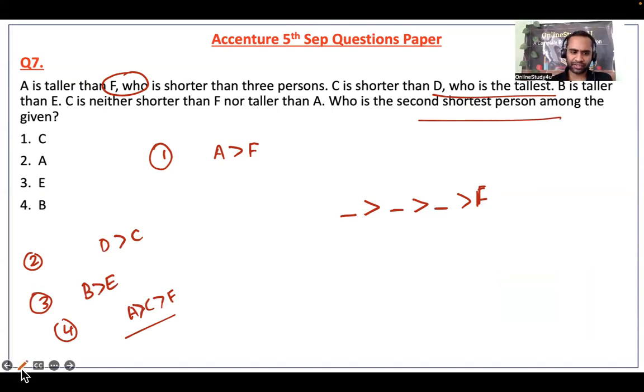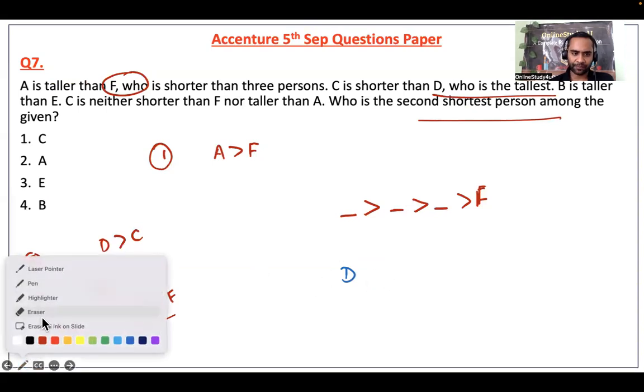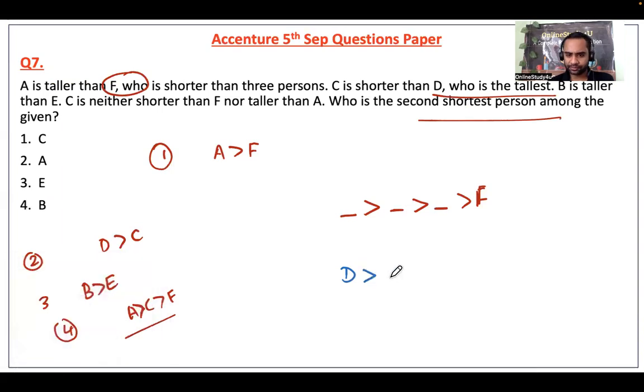Okay, now we will try to arrange this. The final arrangement we will do. D is the tallest, which has already been mentioned. I'm combining all. Because F has to be here, right? They have clearly told F is shorter than C, that means 1, 2, 3. And how many are there?